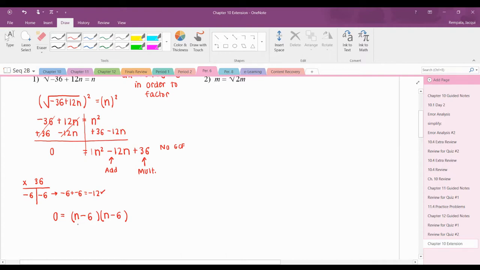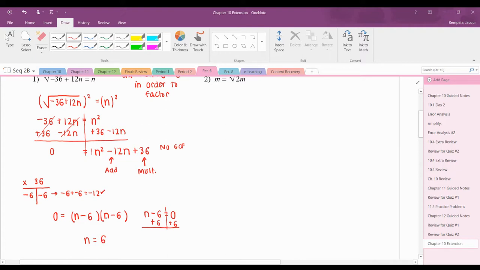In this case, because you have the exact same parenthesis, I'm just going to take n minus 6. I'm just going to do it one time. I'm going to set it equal to 0, and I'm going to solve. So to get that n by itself, we're going to have to add the 6. And so that's why our potential answer is n equals 6.